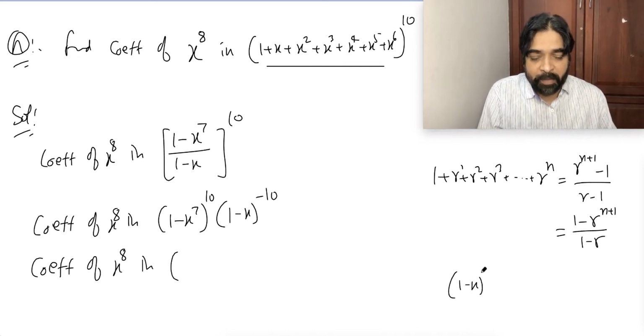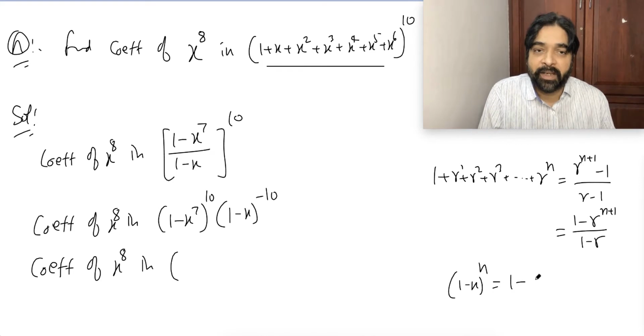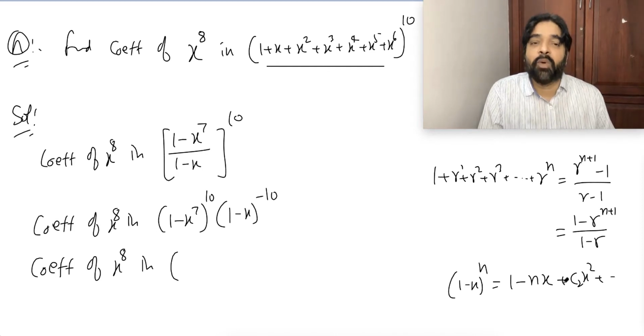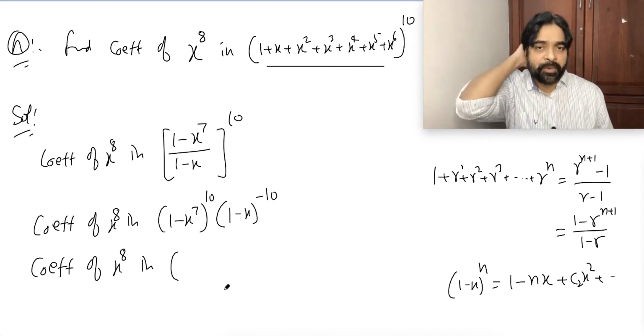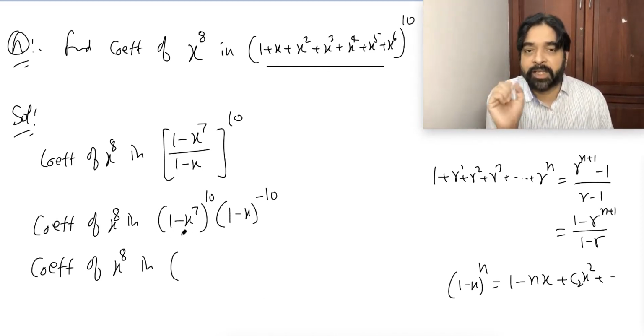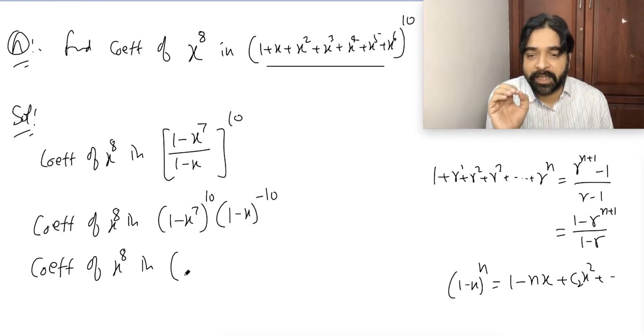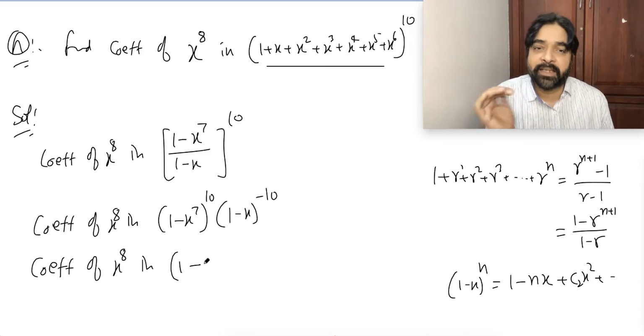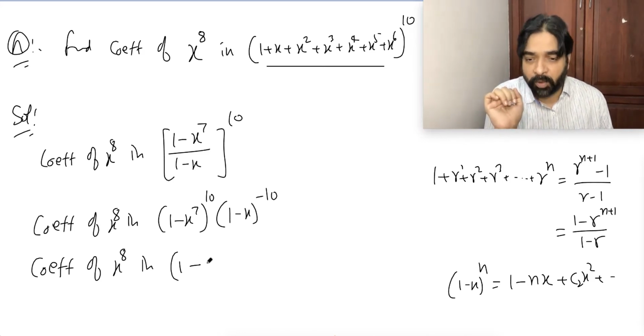1 minus x power n expansion is what? NC0, that is the 1, minus NC1, that is n x, plus NC2 x square, plus so on. Remember, all of you? So this expansion will be 1 minus NC1 x. So here NC1 is 10C1, 10x.